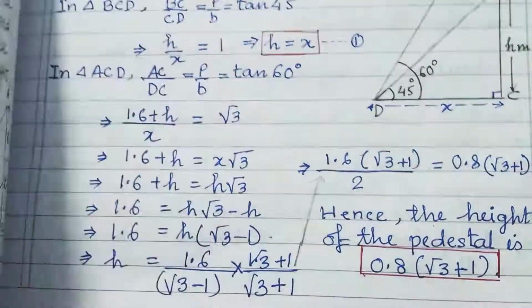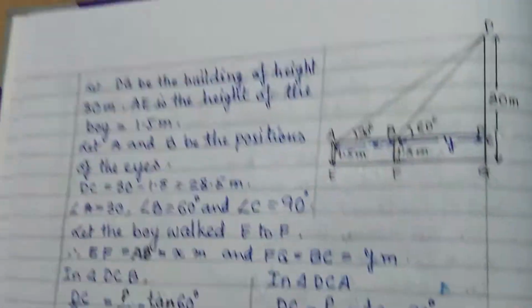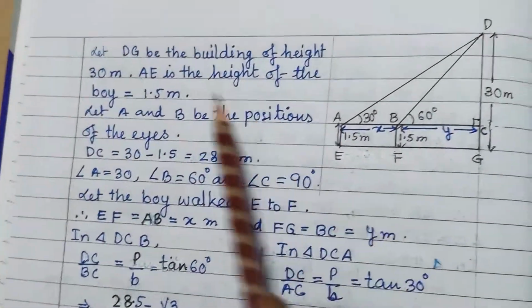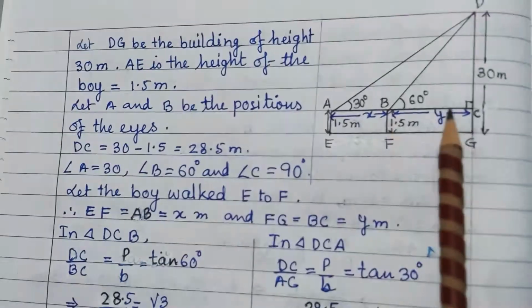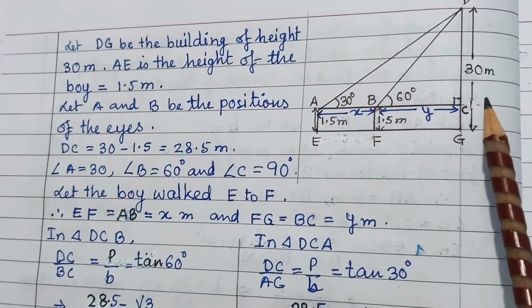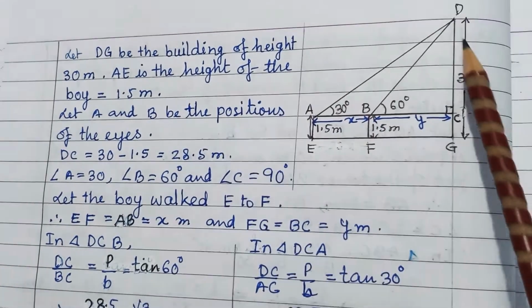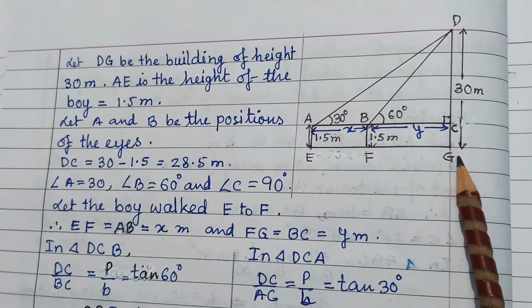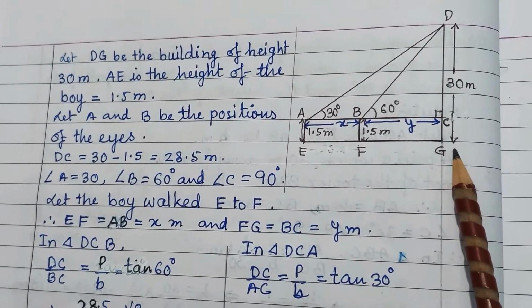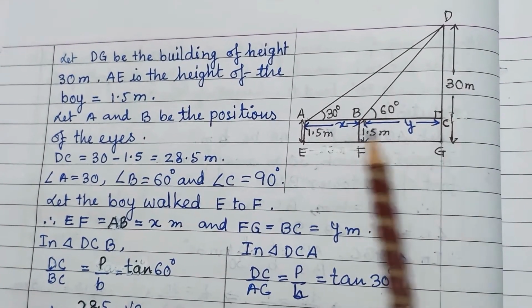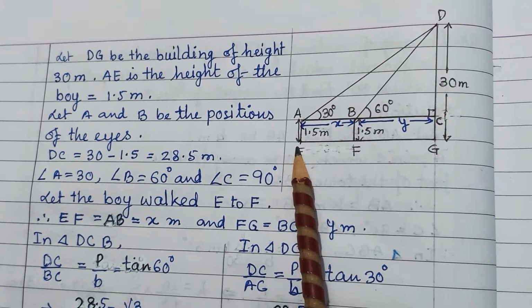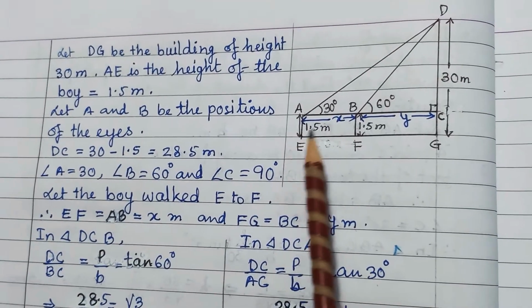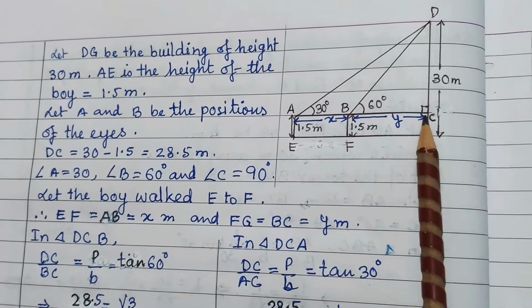Now in this solution, first see the figure. DG is the building of height 30 meters, and AE is the height of the boy. AE is equal to BF, which is equal to CG.